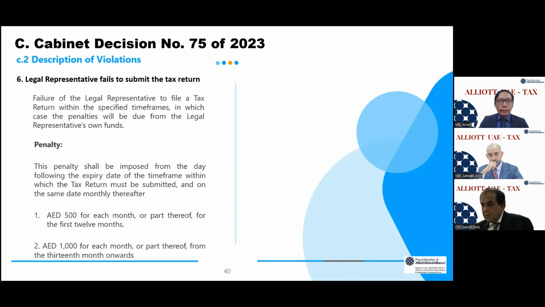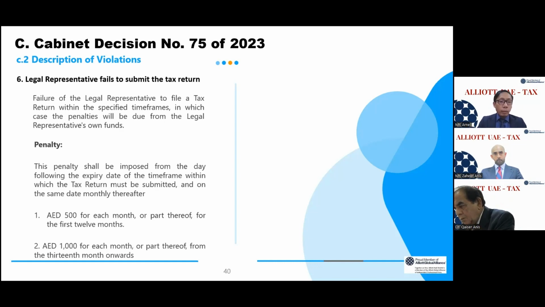If a given entity has assigned a legal representative to file their tax return, and the appointed legal representative fails to submit the corporate tax return on behalf of the principal, there will be a penalty related to that. The penalty, by the way, should be taken out of the funds of the legal representative, because that is their responsibility.